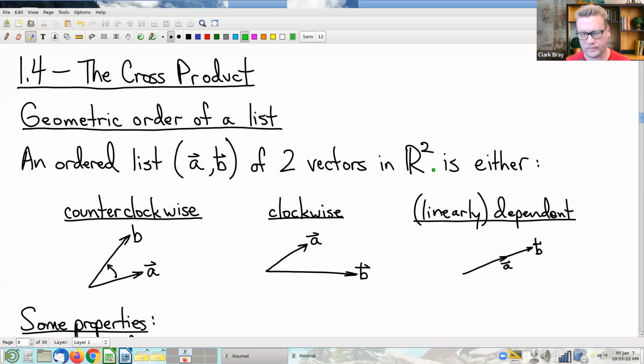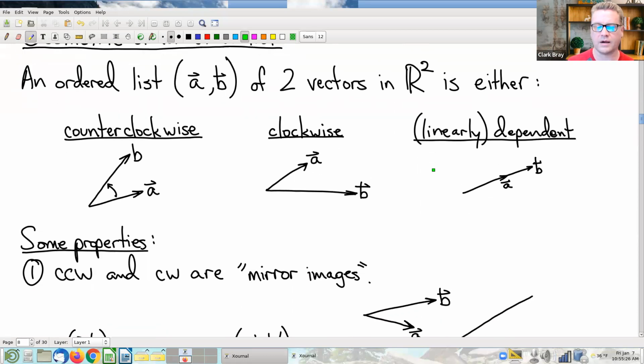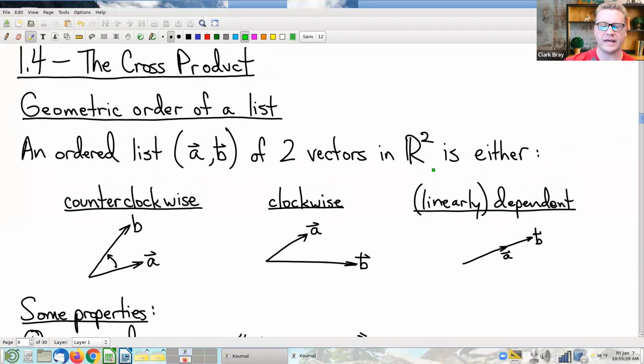Okay, so I like to start with clockwise, counterclockwise. The idea is if you have an ordered list of vectors. Now I emphasize that's an ordered list, right? Ordered in the sense that one of them is explicitly first and the other one is explicitly second. There is something naturally geometric about this.